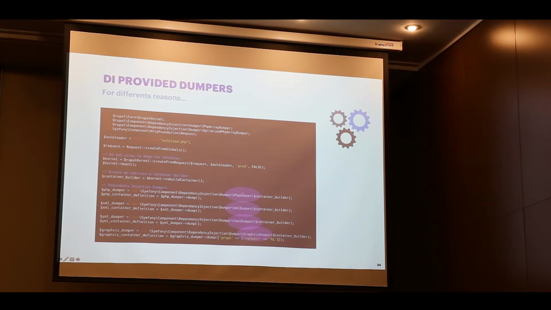You can use a PHP dumper, an XML dumper, a YAML dumper, and if you want a visual representation, you have a graphviz dumper. It's a graph of objects inside the dependency injection, to detect circular references and other things.